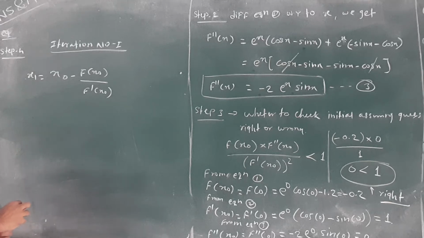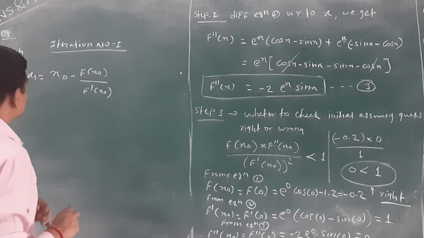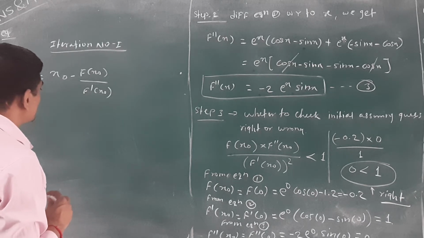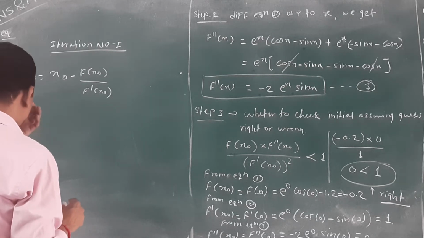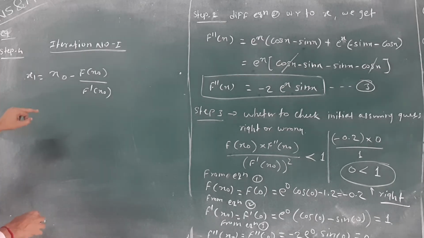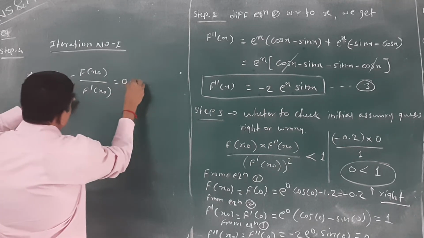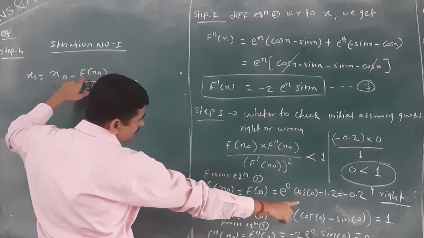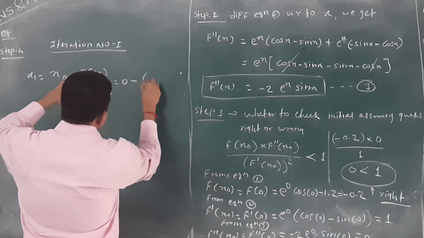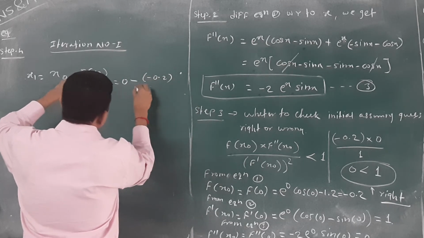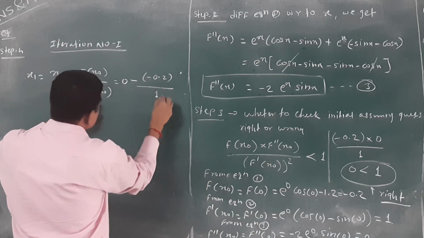In step number 4 you have to calculate this. We have already calculated those values, so put them in the equation and you will get the x1 value. What is x0? We assumed 0, minus f of x0, which is minus 0.2, and f dash of x0 is 1.